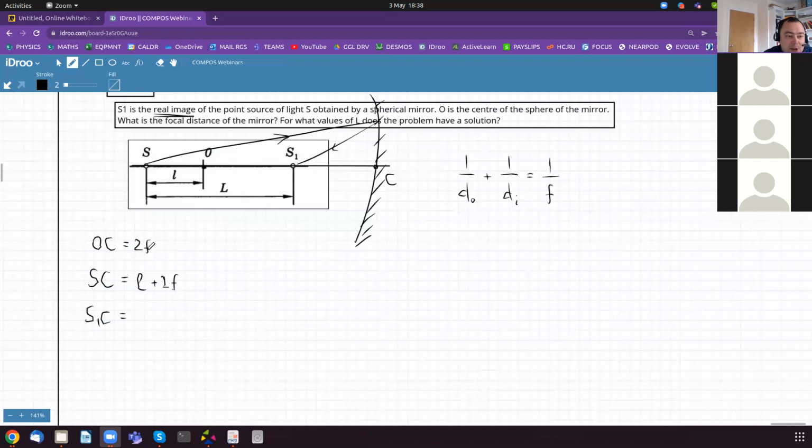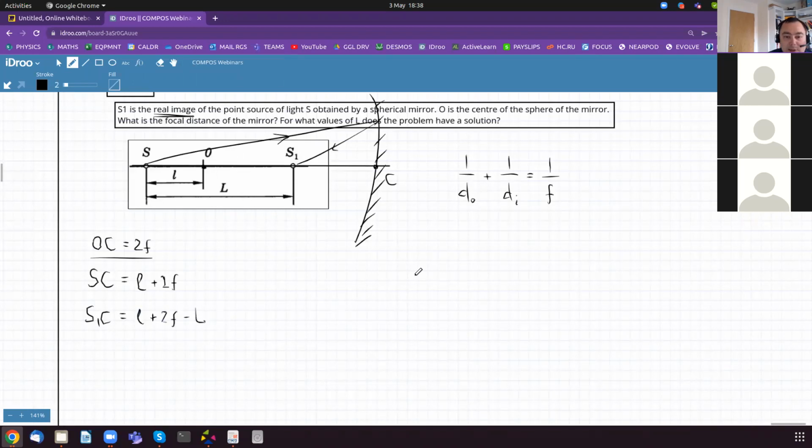Knowing that OC is 2F, because the radius of the mirror is always L plus 2F, L plus 2F minus L. Exactly. Well done, Adam. No, it's not going to be F over 2, Josh. Yeah, Adam's right. So it's going to be L plus 2F minus L capital.